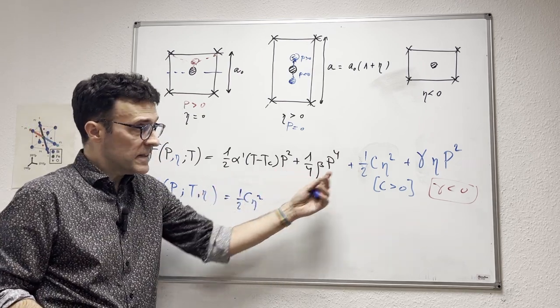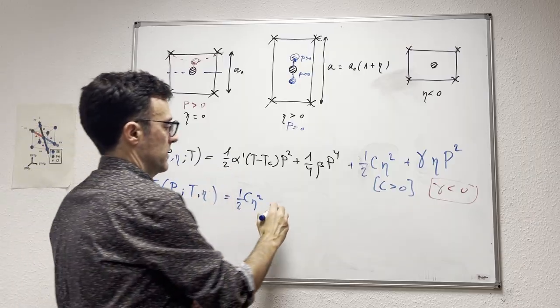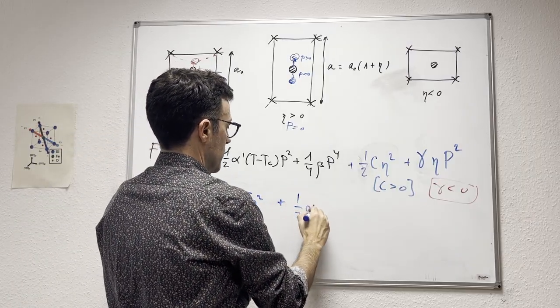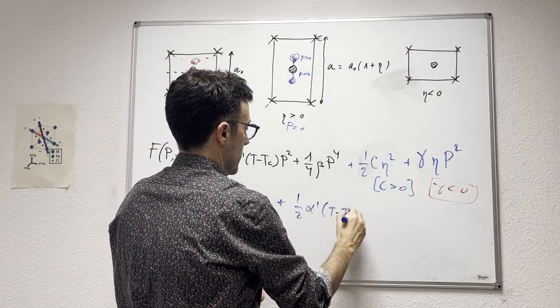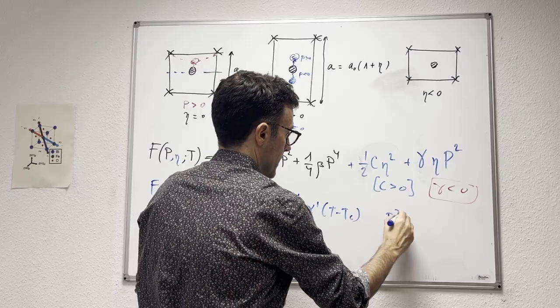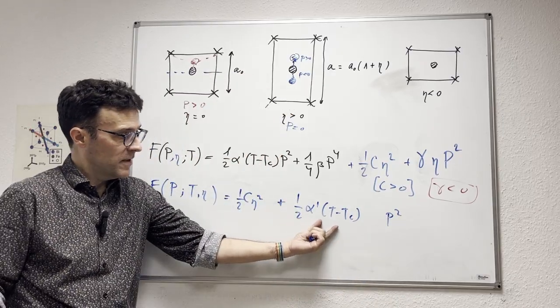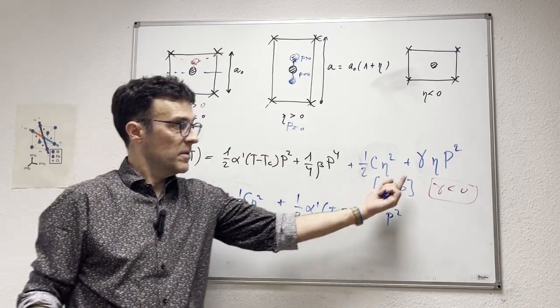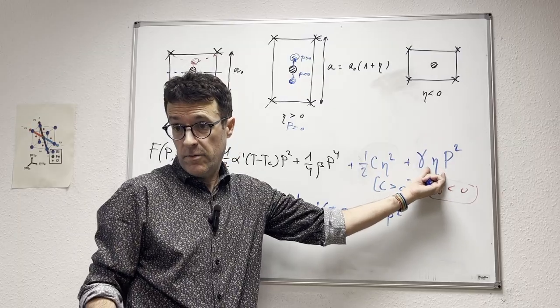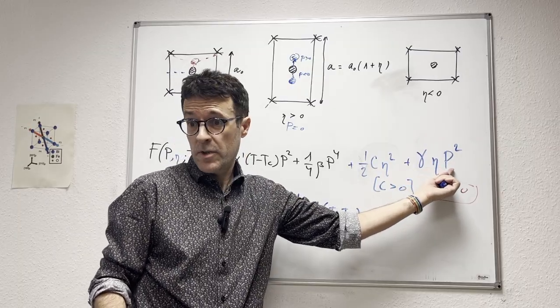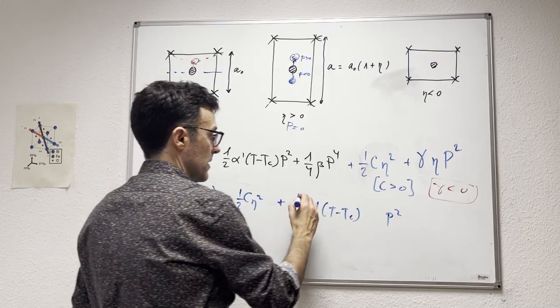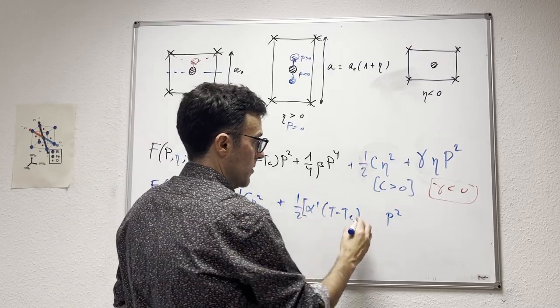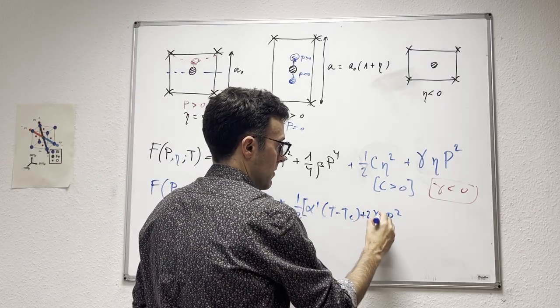But then if I look at the rest, what do I have? I have my usual quadratic energy for the polarization. But then to that usual quadratic energy, I have an extra contribution coming from here. Eta now is a parameter, and this term goes as P squared. So I can bring it in here and write 2 times gamma eta.